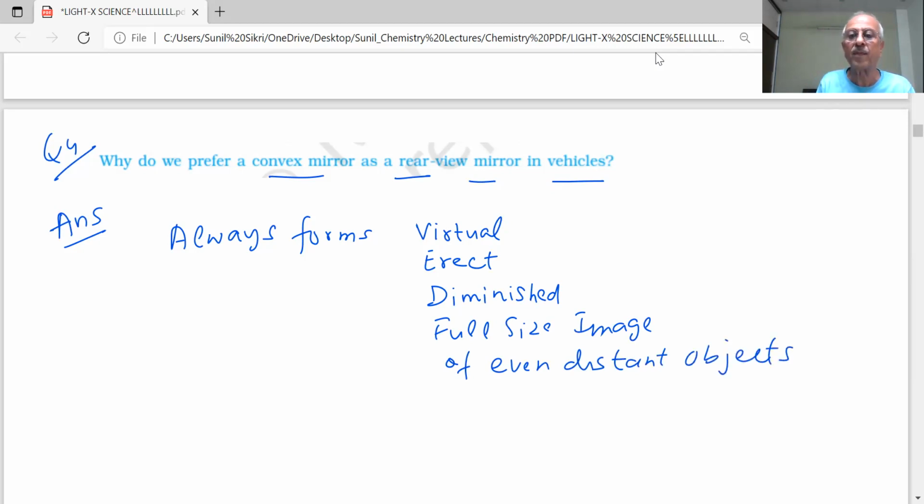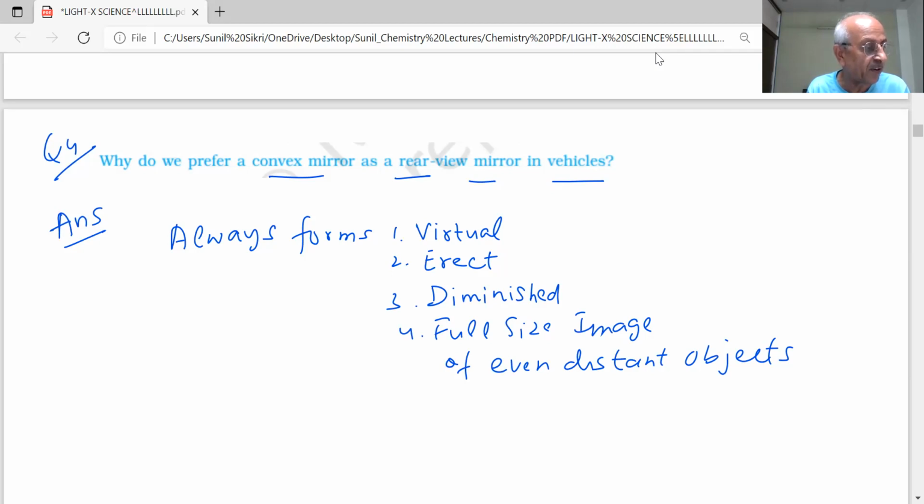Yes or no? You see the traffic behind you in the car, which is coming. What do you see? You see the full image of that. The traffic is far away, you can see that. So it gives a virtual, erect, diminished, full size image of even distant objects. 1, 2, 3. These are the important points. You can get a full size image by using convex mirrors. What is the reason?